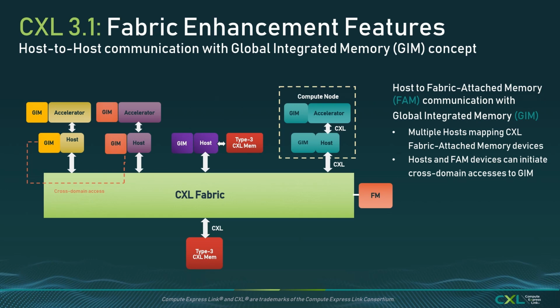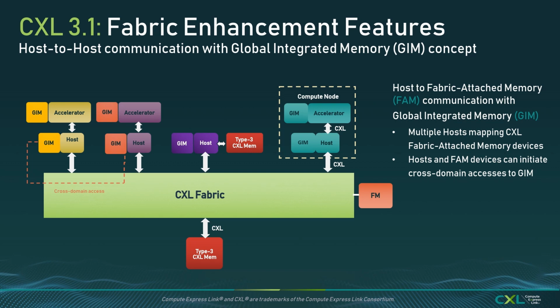And this is different, although again, it's similar to fabric attached memory. If you see the device at the bottom, the Type 3 memory device, think of that as a fabric attached memory device that's exposed to many hosts, and basically there's a decode that happens as messages enter the fabric that decodes the fabric address space and can map to both that fabric attached memory device or the global integrated memory in a peer host.